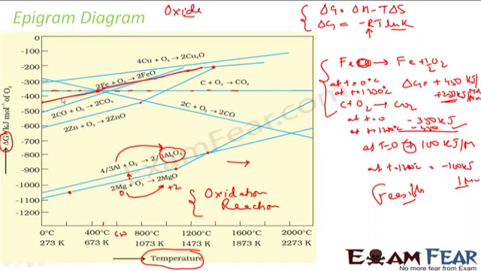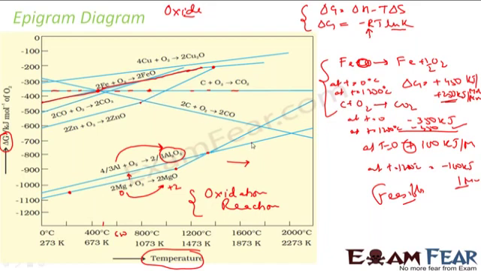Similarly, for example, if you see here, at this temperature, in fact, iron should be in a position to reduce carbon dioxide to carbon. But if you talk about this temperature, at this temperature, carbon should be able to reduce iron. So it's a pretty simple format.